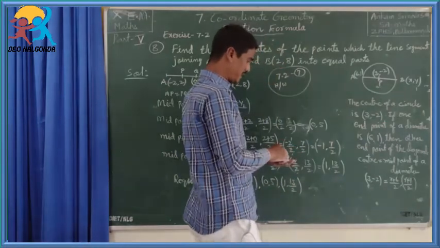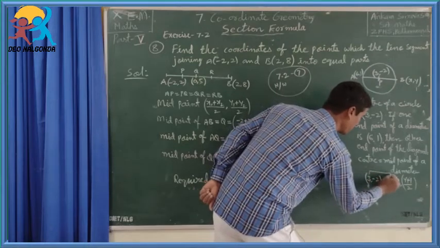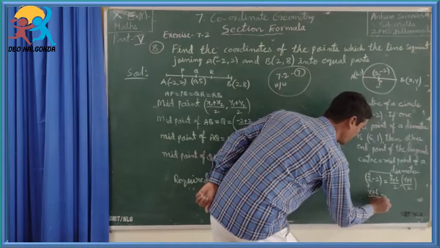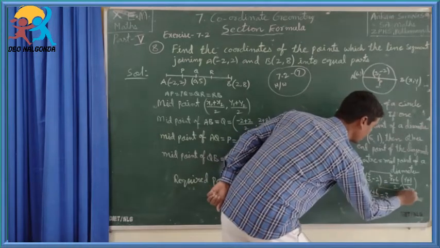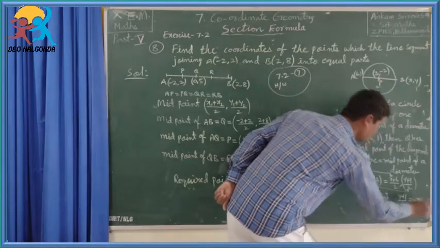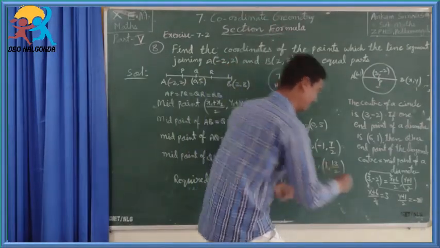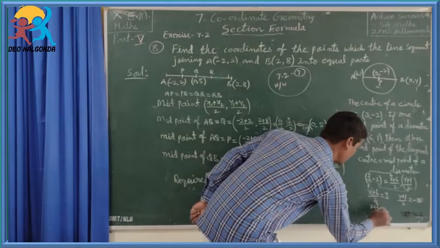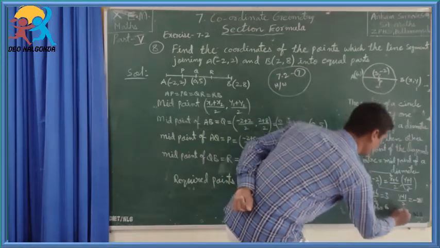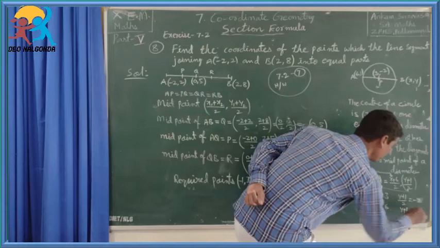So, first coordinate equals first coordinate, second coordinate equals second coordinate. Here (x plus 6) by 2 equals 3. Then second coordinate (y plus 1) by 2 equals -2. Here x plus 6 equals 2 3s are 6, and y plus 1 equals -2 into 2, -4.